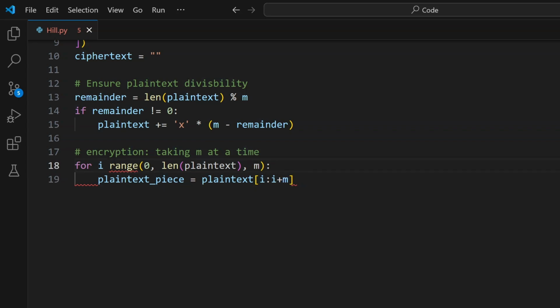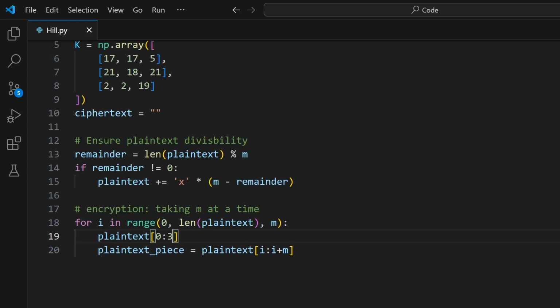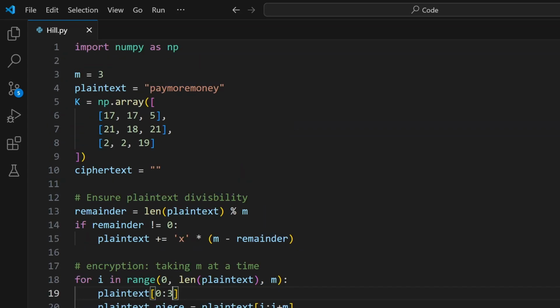So let's start at the beginning with an i of 0. This is what this would look like: the piece would be plain text 0 to 0 plus 3, which is 3. So now we'd only take 0, 1, and 2, and 3 is excluded, as I said.